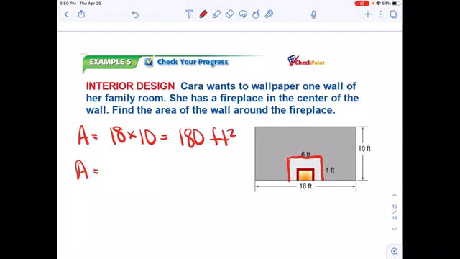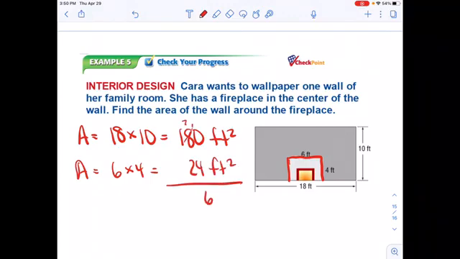And then we can find the area of the fireplace. And then you can subtract. Get 156 square feet for the area that she will wallpaper.